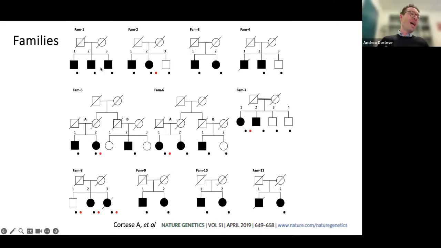But it was the time where people were looking very much at the coding DNA, the parts of the DNA, which is 2% of our genome, which codes for protein. And they tried hard, but there was nothing really convincing. By convincing, I mean something which is shared by all the individuals from different families affected.